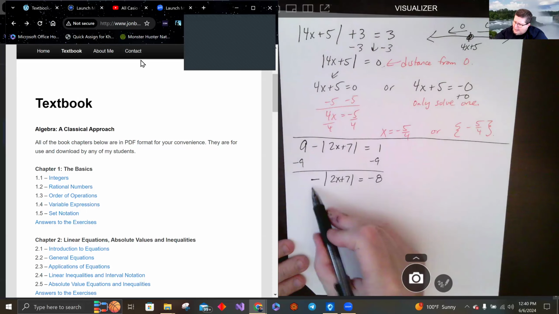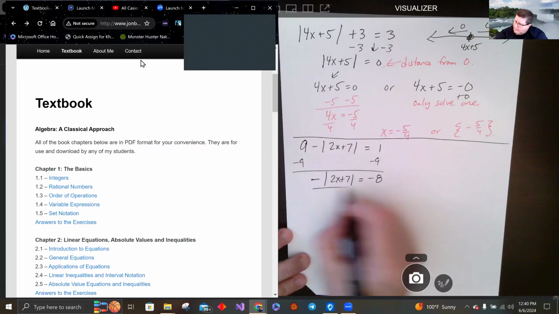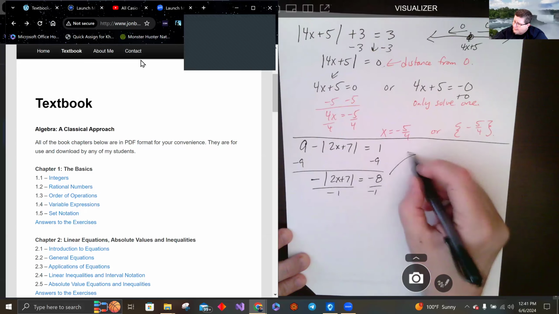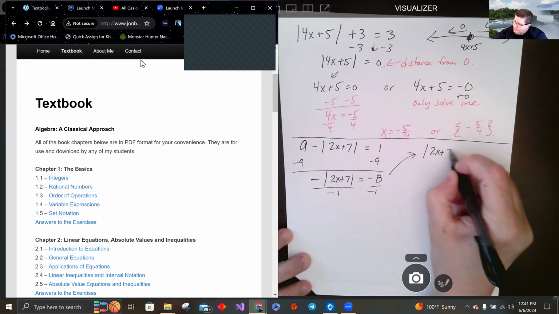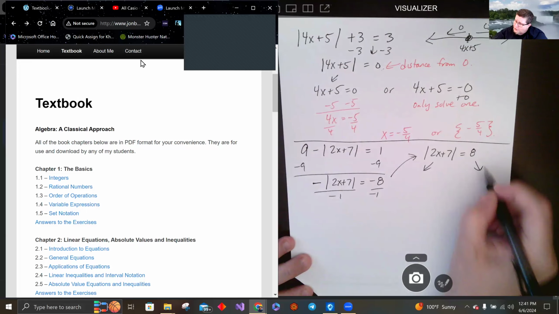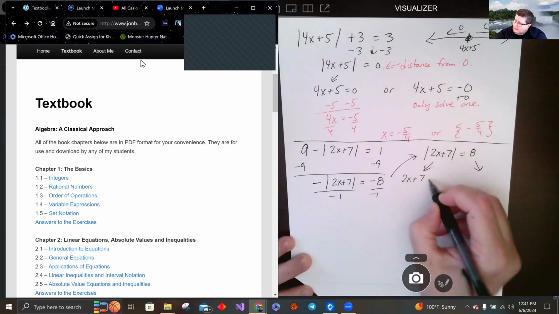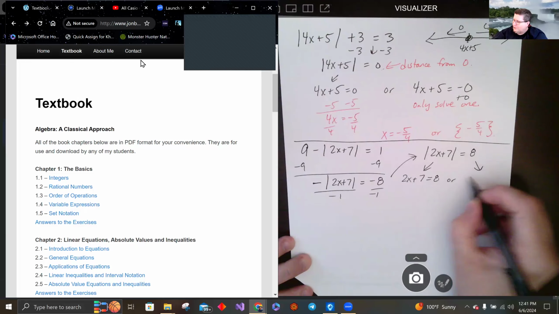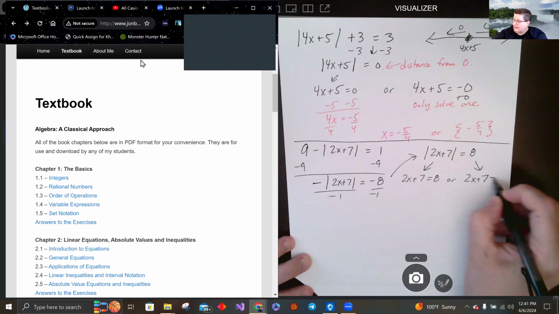And I'm going to multiply by a negative, or divide by a negative 1. And I get absolute value of 2x plus 7 equals 8. So this becomes a split. 2x plus 7 equals 8, or 2x plus 7 equals negative 8.